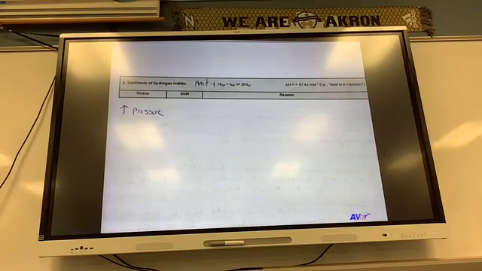Which way would this shift? Would it shift left? Right? Because there's less moles of gas on the right hand side, so pressure is reduced. No, they're the same. They're the same. So which way will it shift? None.